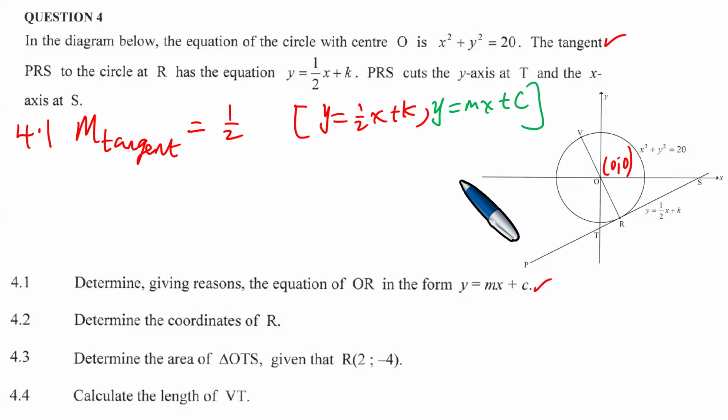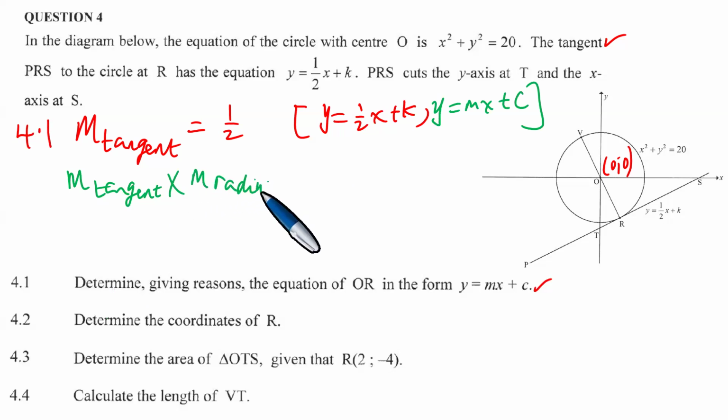Okay, so we continue. Now we need to know that the gradient of a tangent multiplied by the gradient of a radius at the point of contact is -1. Why is it -1?